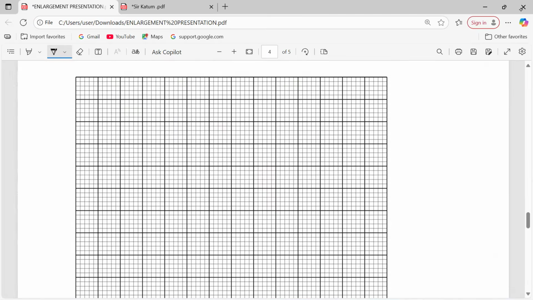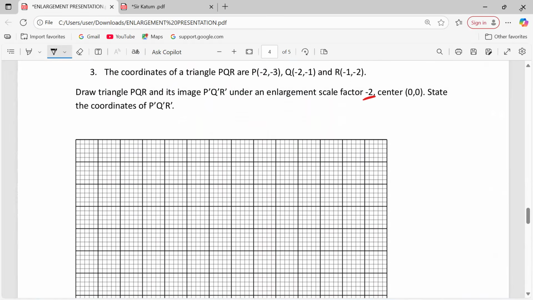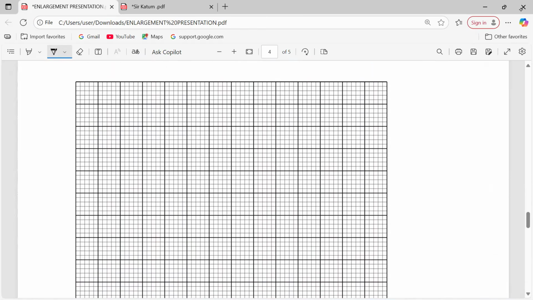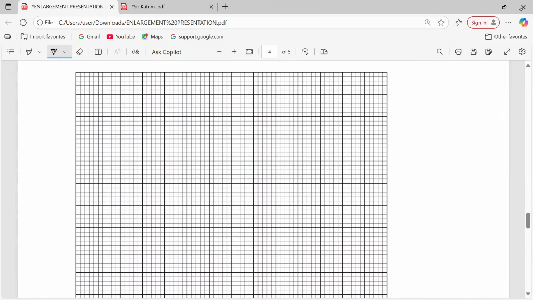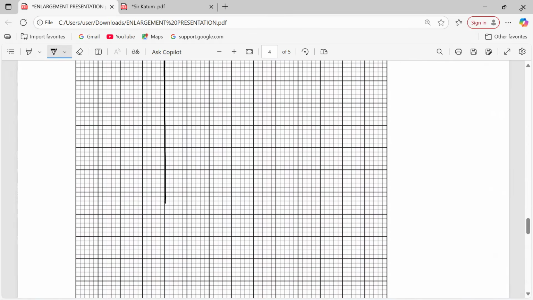So let me start. Let me check the values of the coordinates first. We can have the vertical axis here, which we call the y-axis, then the horizontal axis, which we call the x-axis.